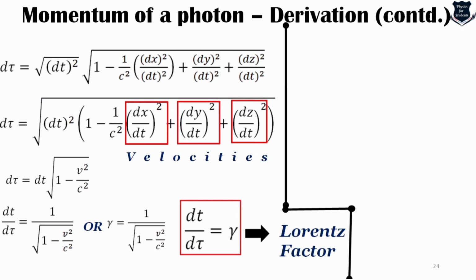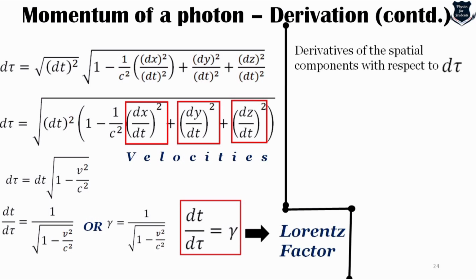Now let us look at the derivatives of the spatial components with respect to d tau. Here we will need another important concept of special relativity, which is called four-velocity. I'm sure that you are aware of four-velocity. The idea of four-velocity is not at all difficult.